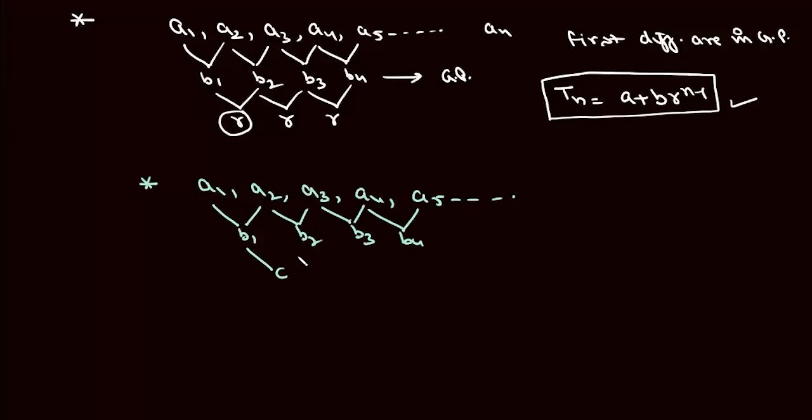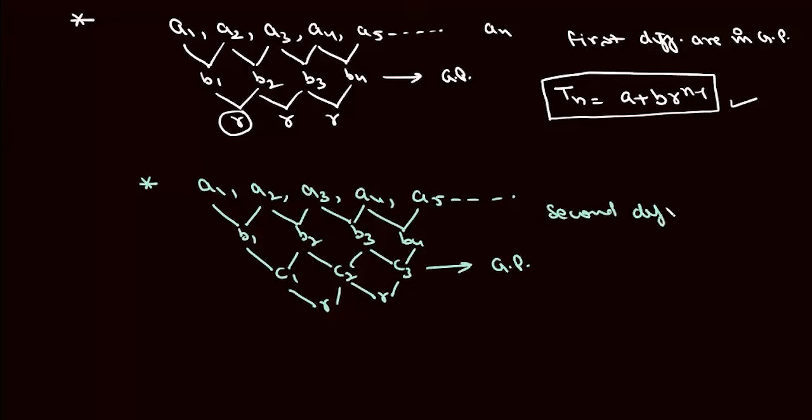So suppose the differences again are c1, c2, and c3, and suppose this is a GP with common ratio r. So now we have a GP in the second difference. So when the second differences are in GP, then the nth term is given by an + b + c·r^(n−1).